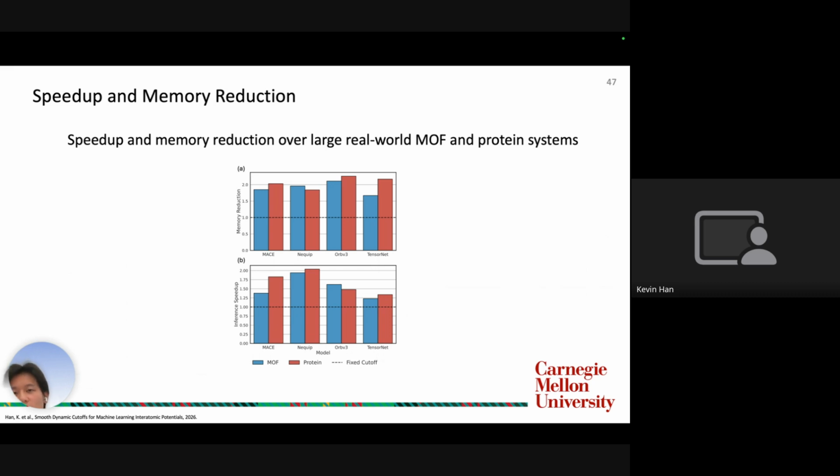In terms of speed and memory reduction, we take two real world MOF and protein systems, and generally we find about 2x memory reduction, and then almost up to 2x inference speedup, using the same models that we had trained a couple slides prior.